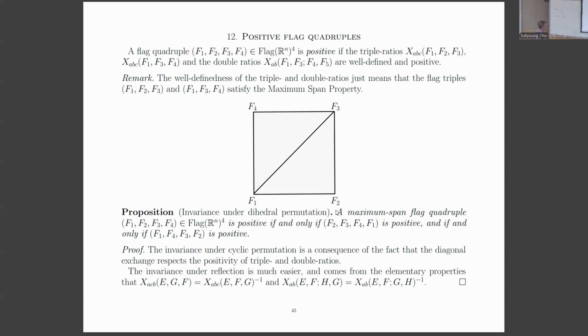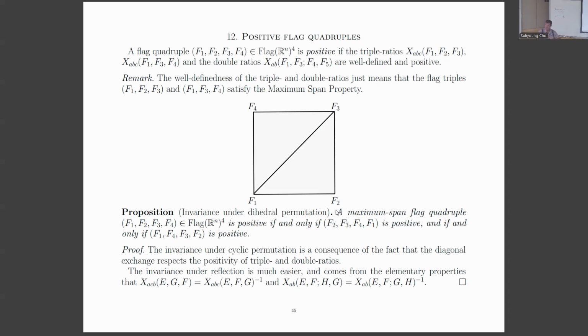So I'm going to say that a flag quadruple is positive if those triple ratios are well-defined and positive. Well-defined just means, first of all, I'm thinking of F1, F2, F3, F4 as the boundary of a square. That's the way to understand a little bit the combinatorics of that. And I'm focusing on this diagonal here.